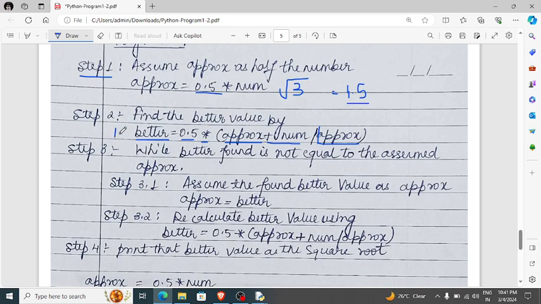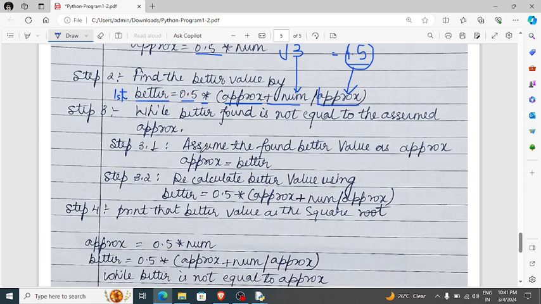For the first iteration, the approximate value is 1.5, so that is what you give here, and your number is 3. This is very important that you should know, because if you input a wrong value, your value for better will be very wrong.